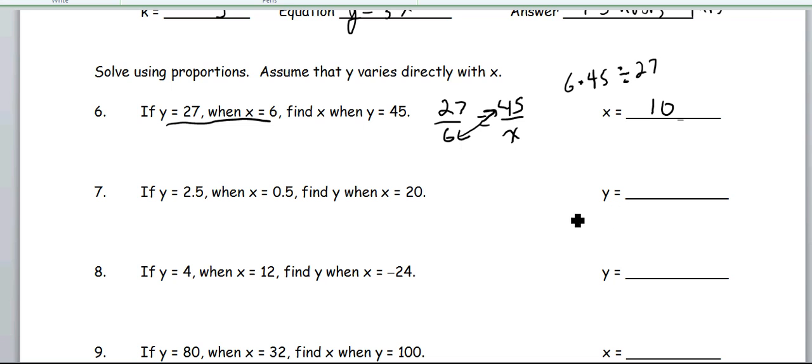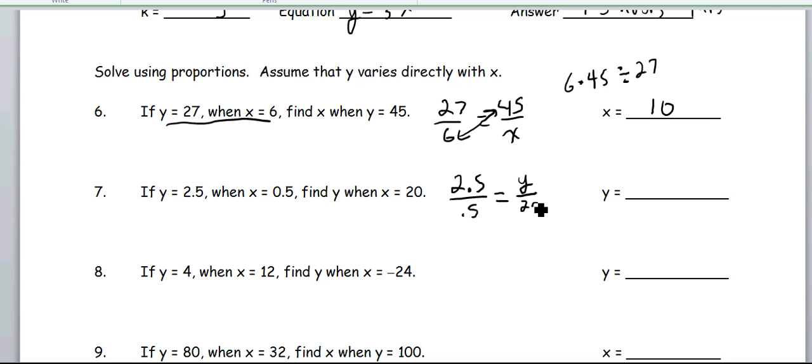So look here, we're looking for y. So we're always setting this up with y over x. So I have 2.5 over 0.5 equals, now I don't know what y is, so I'm putting that up there, and then I've got 20 here.